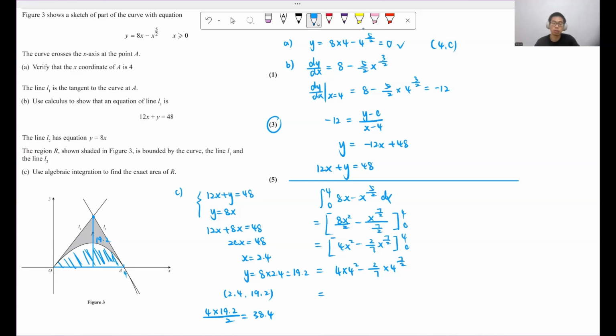That will be 192 over 7. So then the final area has to be 38.4, the area of the triangle, minus 192 over 7. Put that into the calculator, and that's just equal to 384 over 35.